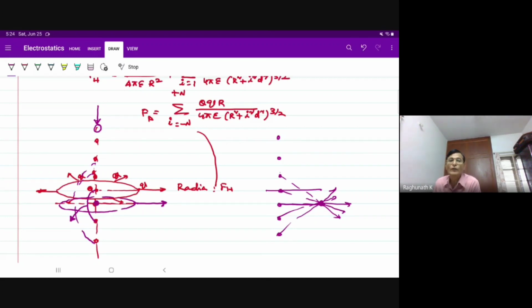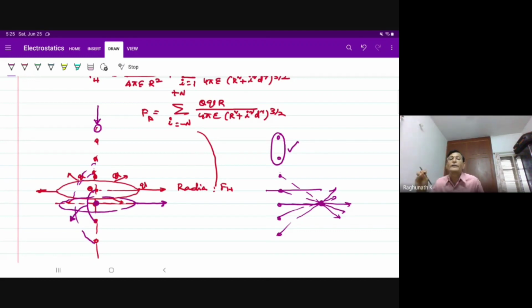There was 7. If I come down, there are 2 below, 2 above, which is getting cancelled out. But for these two horizontal components, I have to calculate and then put it as a sum. And I have to add the vertical components of these two and take the vertical component of the force also.